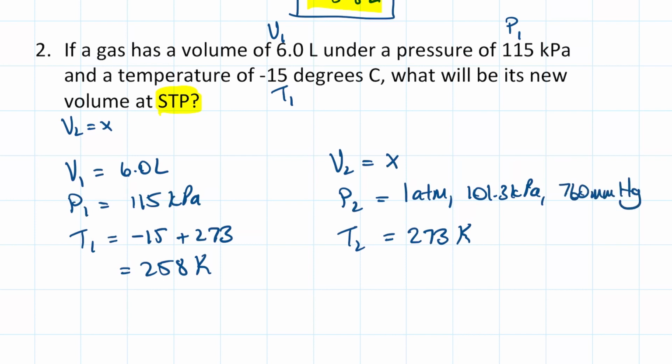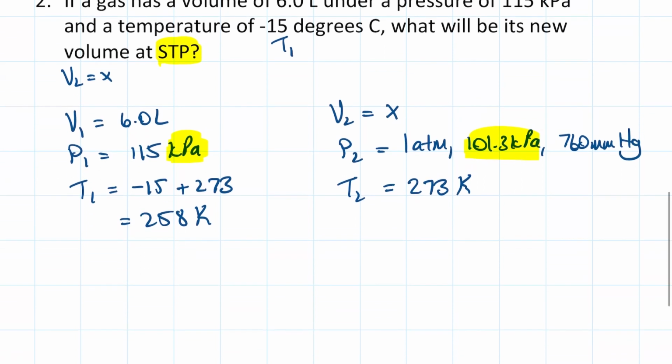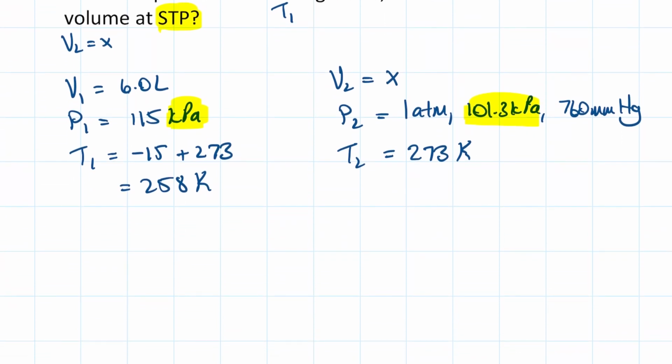So which one do I choose? Well, I just go back in my problem and I'm like, oh, they gave me kilopascals, so I'm going to choose this one. So standard pressure is 101.3 kilopascals. T2 is standard temperature in this case, which is 273 Kelvin. And then I just plug and chug again.